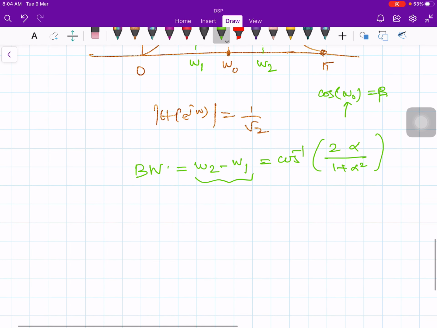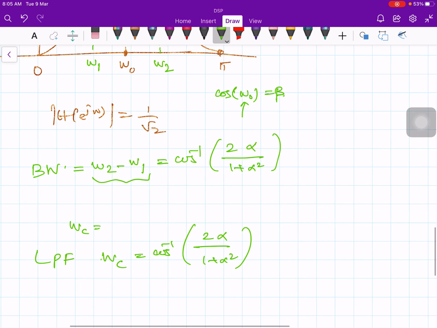Okay, so we saw that the same holds for a low pass filter as well as a high pass filter, bandwidth. In a low pass filter, omega c is the cutoff frequency and also the bandwidth. Okay, omega c is the bandwidth of the low pass filter. So for a low pass filter, omega c is equal to cosine inverse of 2 alpha divided by 1 plus alpha square.